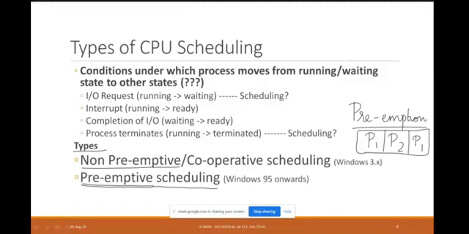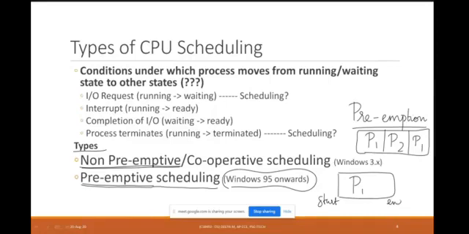Preemptive scheduling came only from Windows 95 onwards. Before that, whatever we had was non-preemptive scheduling. So what is non-preemptive scheduling? You start with a process P1. I have to complete my process P1. This is my start, I have to end this.